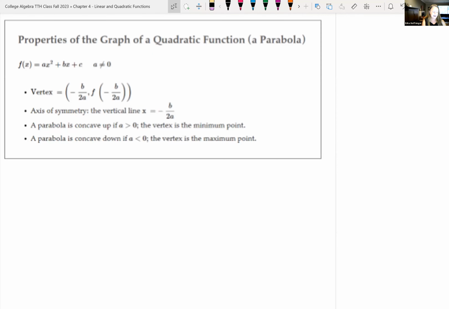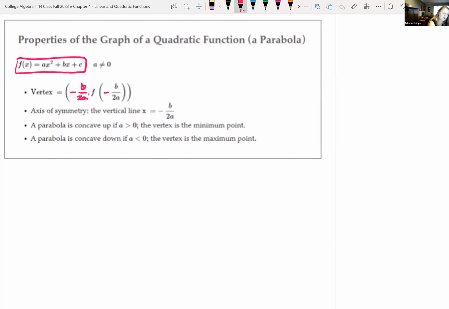So I already stated how to find the vertex. We looked at that when we were completing the square on the generic standard form of a quadratic, f of x equals ax squared plus bx plus c. I know that my x value is -b over 2a.